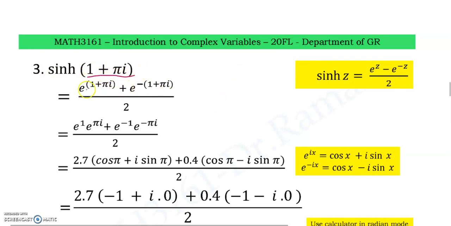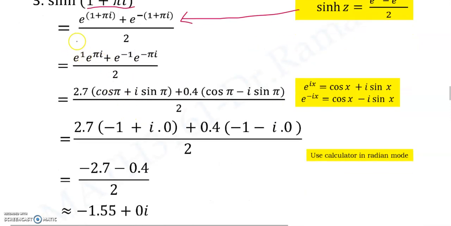So e to the power 1 plus pi i minus e to the power minus of 1 plus pi i divided by 2 by using this rule. Now e to the power 1 plus pi i, here the base is e, so we can write it like this. Then you apply Euler's formula here for e to the power pi i, and apply the formula here for e to the power minus pi i.